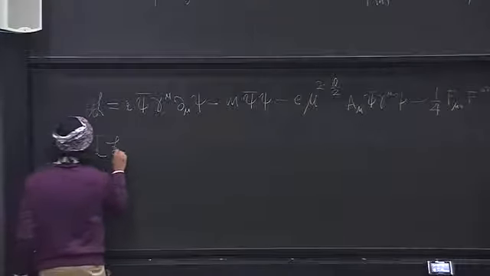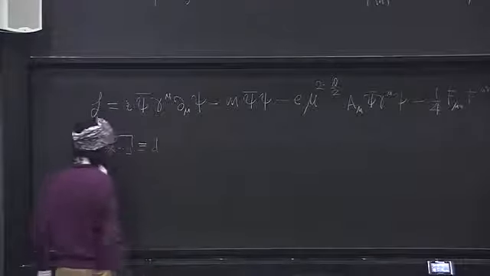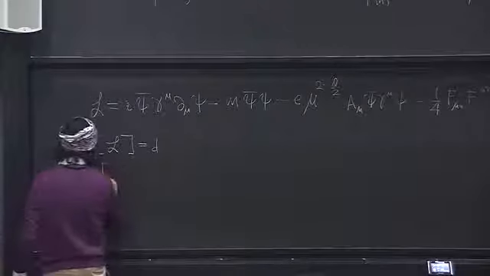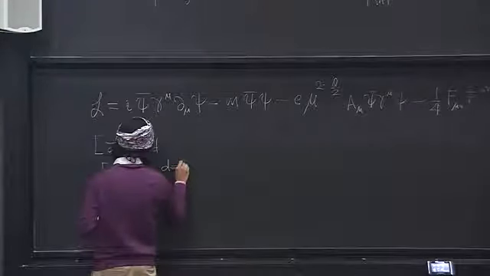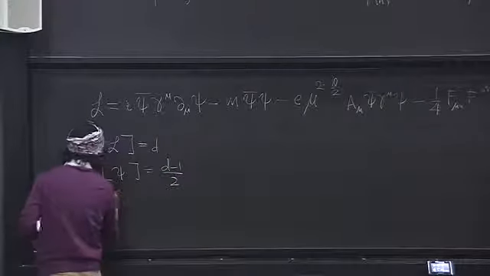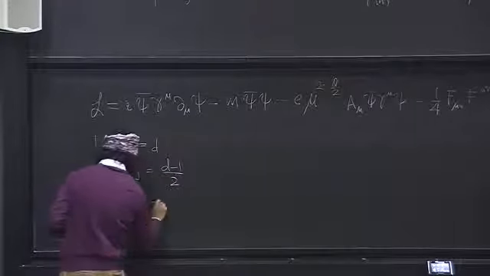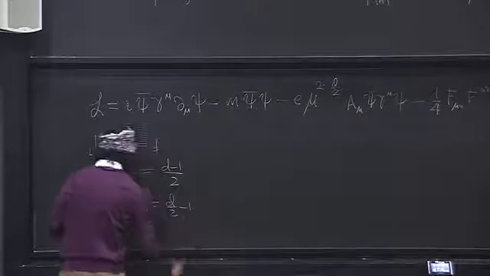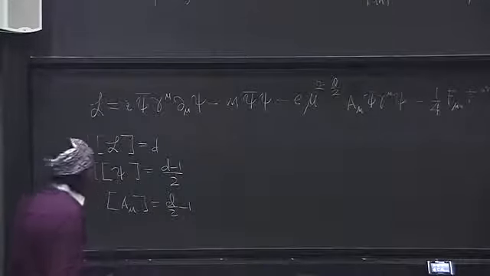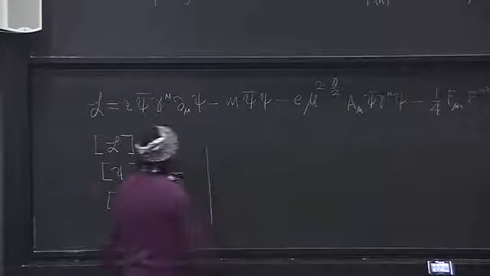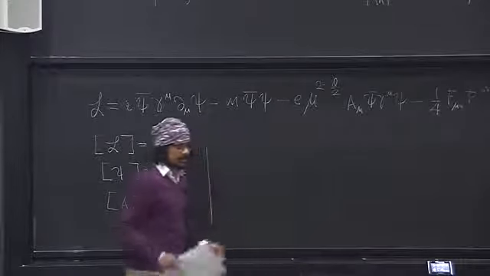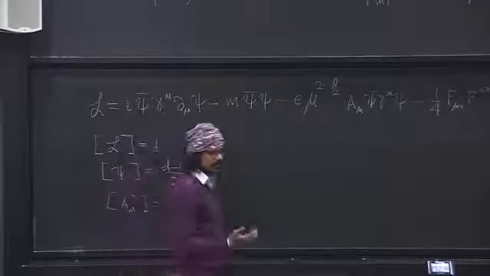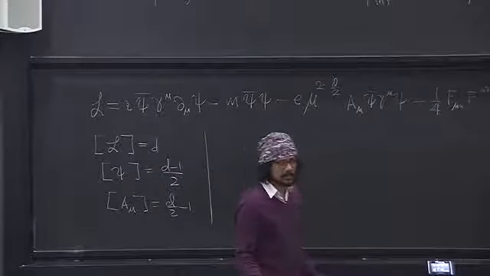Now, as usual, we play the game where we say that our Lagrangian in d dimension has dimension d, and therefore our fermion field in d dimension has dimension d minus 1 by 2. Our electromagnetic field has dimension d by 2 minus 1. Now, we're going to organize perturbation theory in powers of e squared. And because we want to do that, we define our e to remain dimensionless, right?